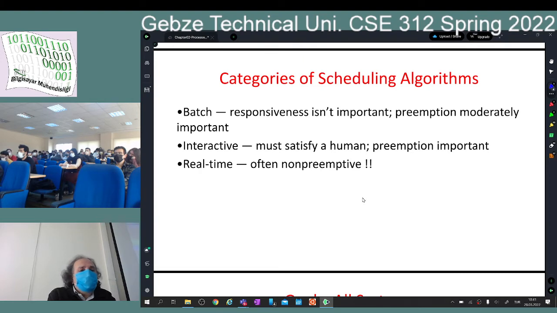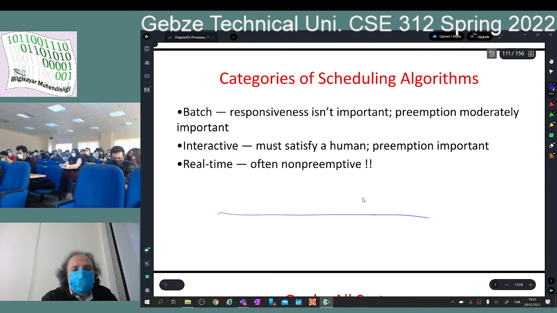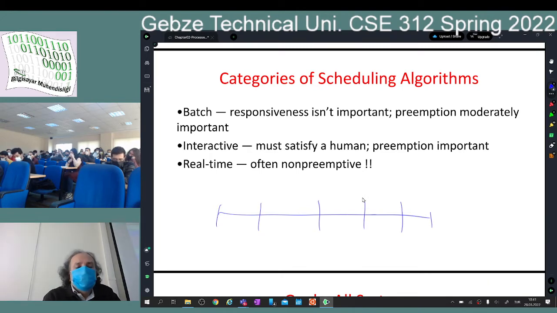So often they are not preemptive, because by the nature of these kinds of operating systems, in a second of CPU time, I say that this time will belong to process A, process B, process C, process D, and this time will be empty.